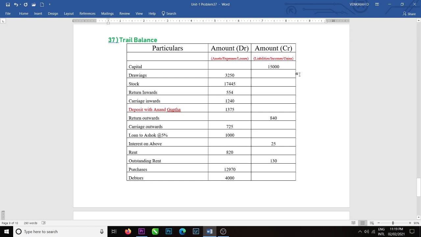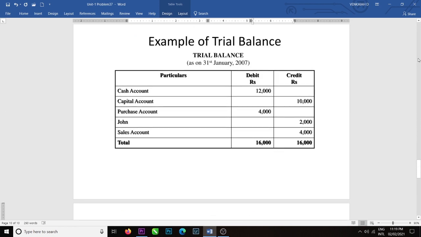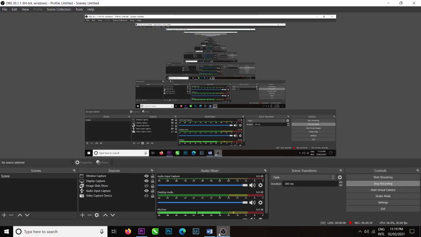Those ledgers are called subsidiary books: sales book, purchase book, sales returns book, purchase returns book, like that. In detail, we will understand subsidiary books from the next unit onwards. Till then, bye.